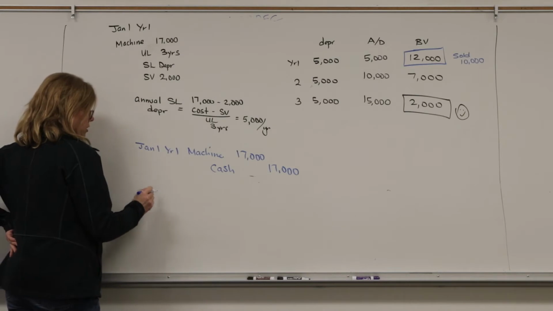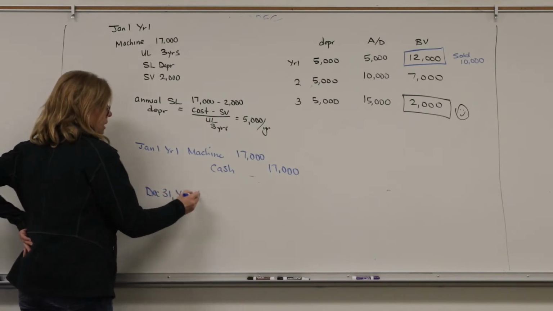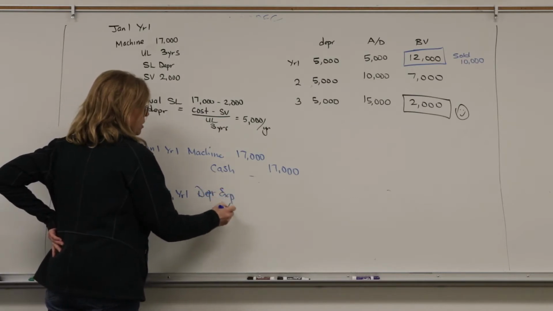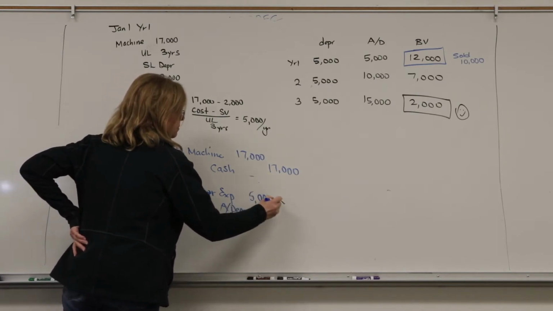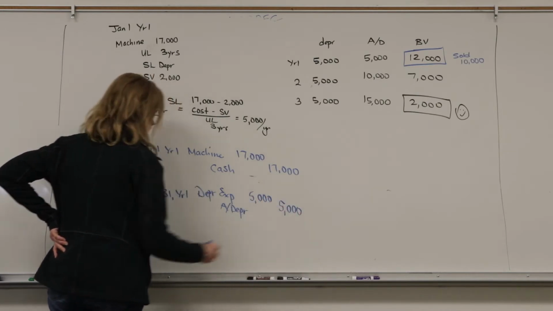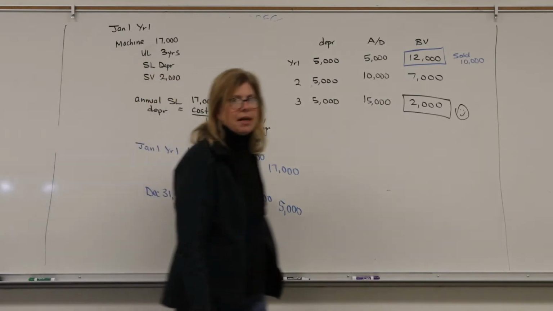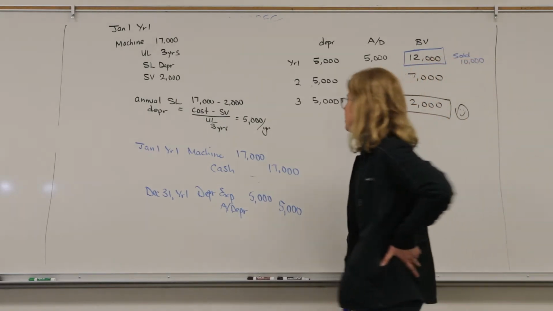For depreciation, at December 31st, year 1, I debited depreciation expense, credited accumulated depreciation, $5,000. And I did that for years 2, 3, if I had kept it that long. But I didn't. I sold it at the end of year 1.